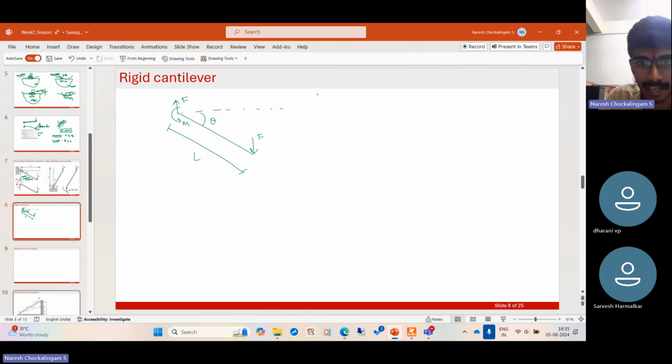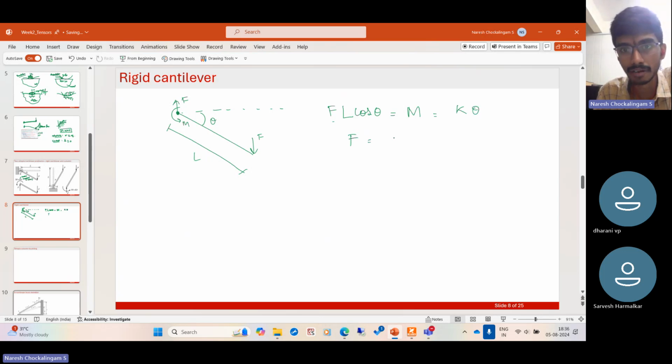These two forces are acting at a distance of L cos theta. That should be equal to the moment. So you take moments about this point. The external moment is this, the internal moment is this. But what is the internal moment? The moment is also equal to k times theta. Therefore, F is equal to k by L, theta by cos theta.